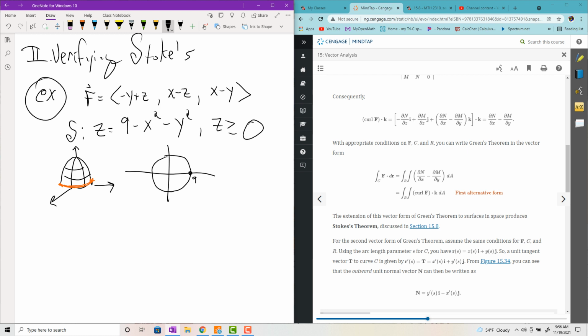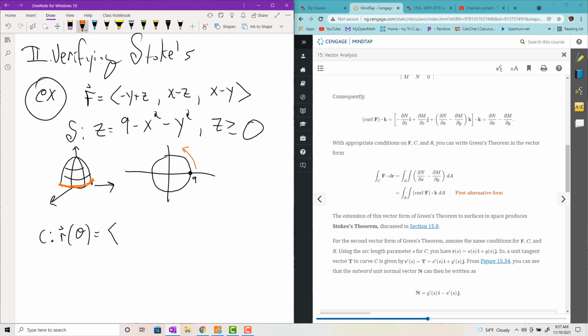So anyways, that curve, let's parameterize that thing. The curve will be some r of theta. Well, there's one issue with these boundaries. You have to go counterclockwise. You need it to be oriented in that way. So counterclockwise is this direction.